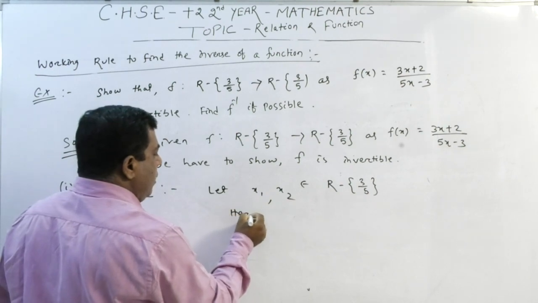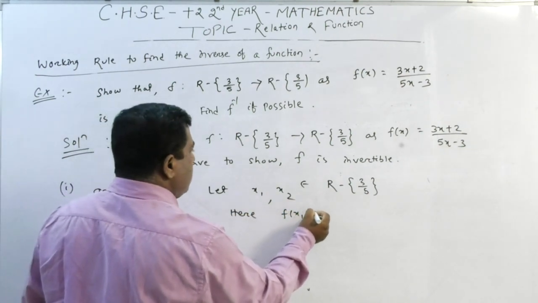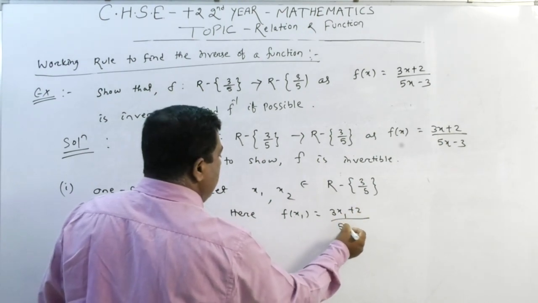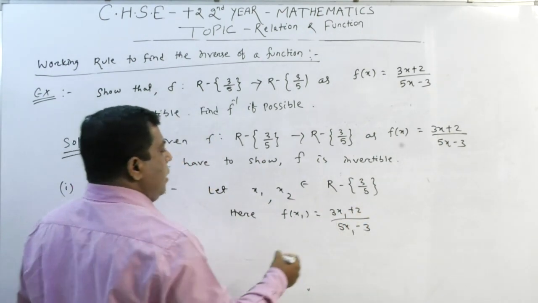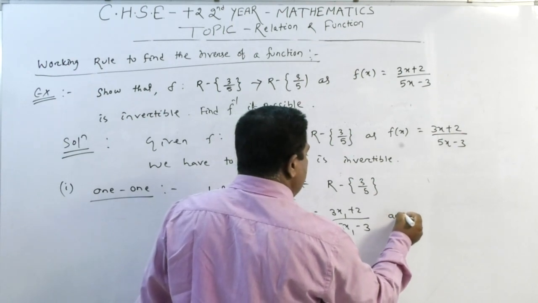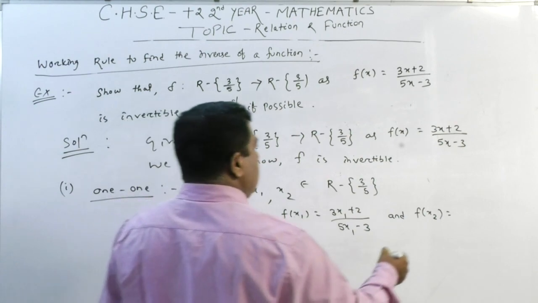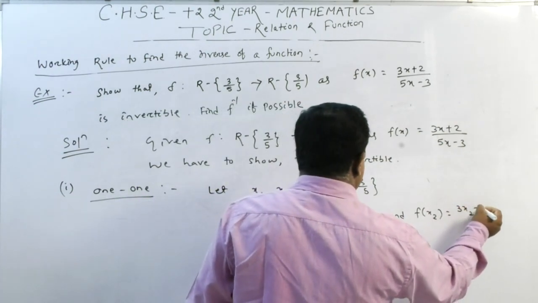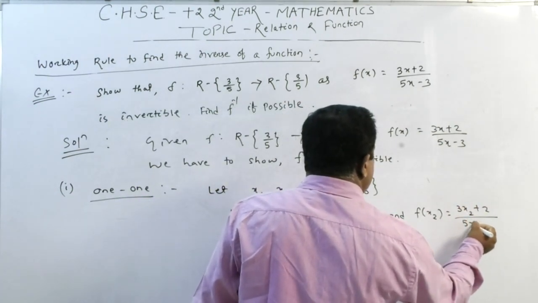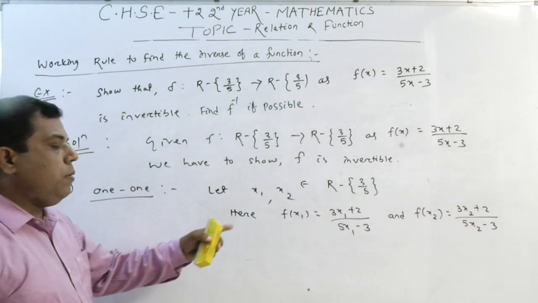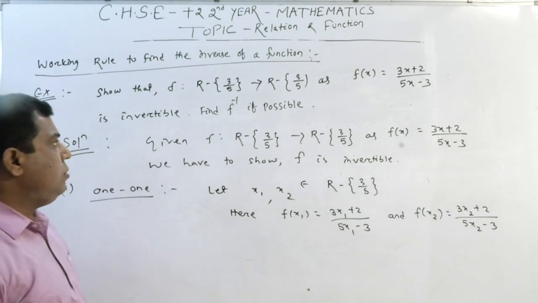F of x1 equals 3x1 plus 2 divided by 5x1 minus 3. And also f of x2 is 3x2 plus 2 divided by 5x2 minus 3.